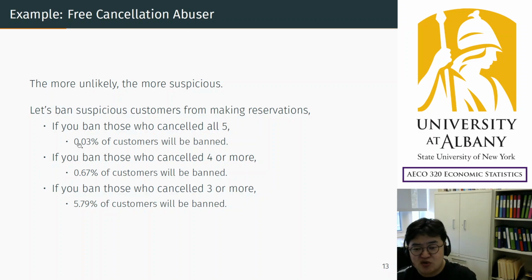It is similar to the idea that when you see 10 heads from a coin toss, you need to think about an unfair coin, some kind of trick, right? It is not because it is 0%, but because the probability is really low. So even if the customer was innocent, it is really unlikely to cancel all the reservations.